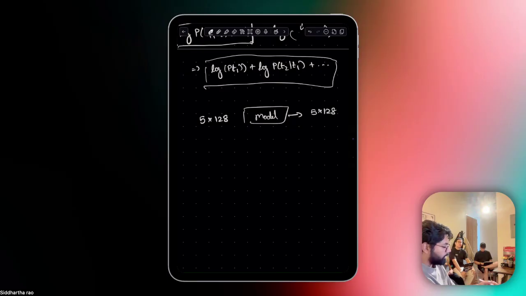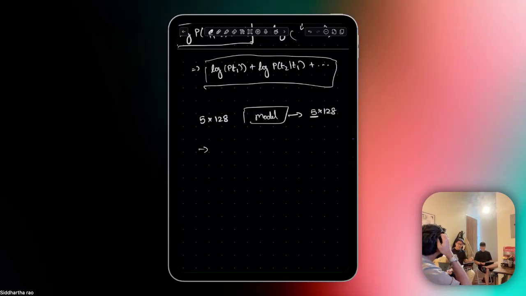And now, to actually make the predictions of what is the next token, you need to convert the output of each time step to a bunch of predictions over the output token space. Does that make sense?